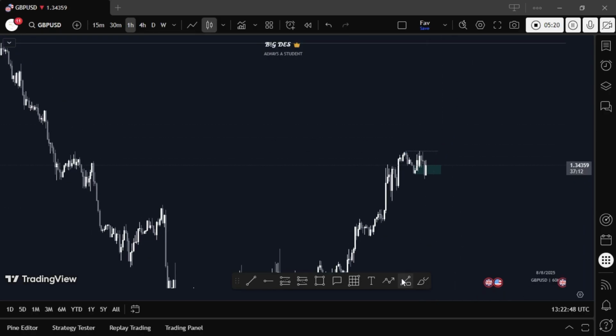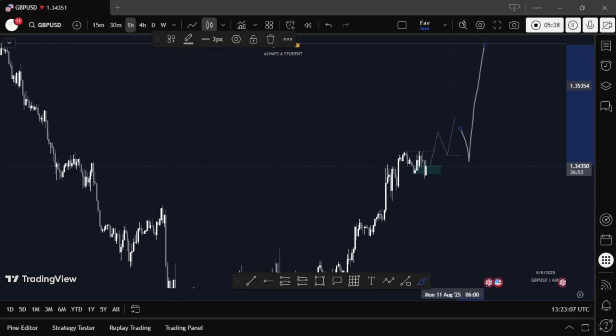You want to see a break, a pullback, and then another break. So we use this as our structural liquidity, and get in from here, targeting these highs. Even though we are going to do just the 3 hour, that would be our overall target.